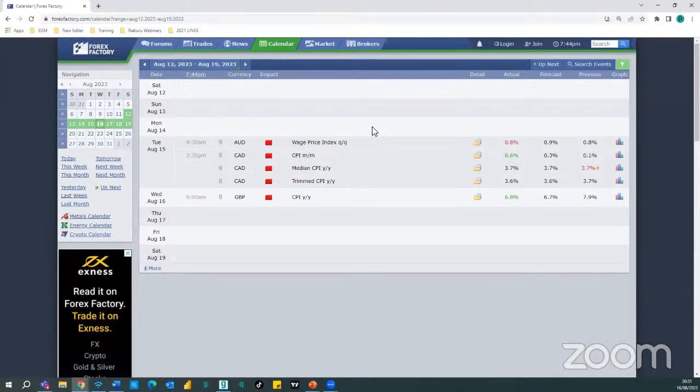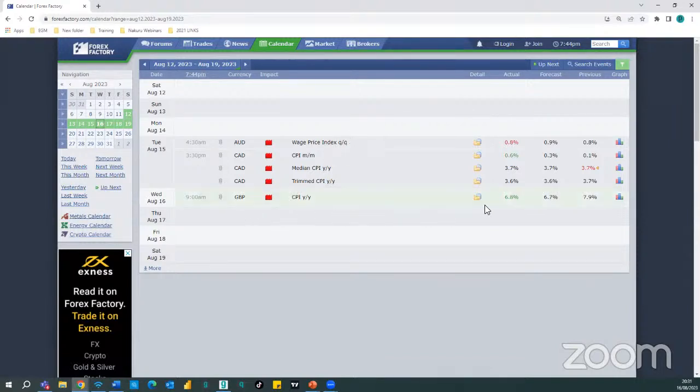So those two things, interest rates and inflation, they go opposite to each other. Even for the wage price index, when the index is lower, it means the inflation is reducing. So that decreases the likelihood, or lowers the expectation, of a rise in interest rates, right?